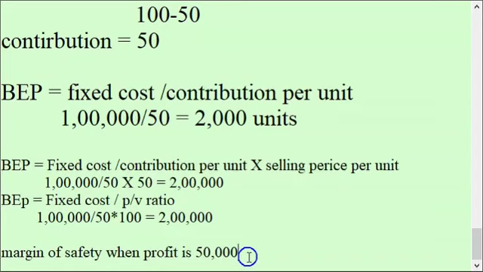Please check it. If they were asking only for a margin of safety, we would have applied sales minus BEP sales, the same thing.